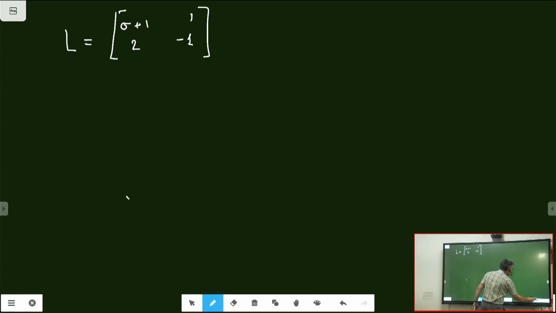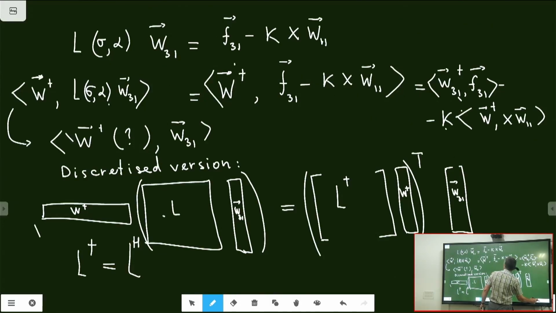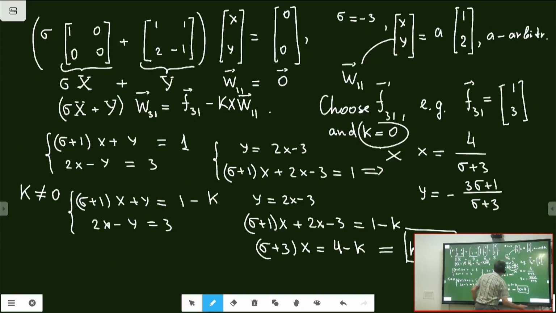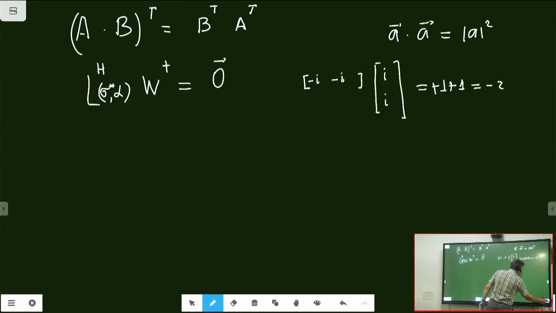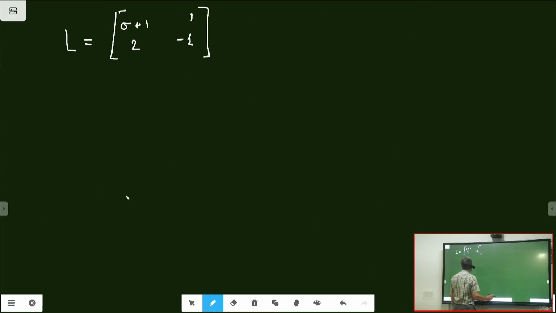What I am referring to is this problem. So L is the combination of these two matrices, right? It is sigma plus [[1, 1], [2, -1]]. So that's what L is. Agree? I just copy it and see what happens, because now I'm formally trying to apply that theory of adjoint. So this is my matrix L.